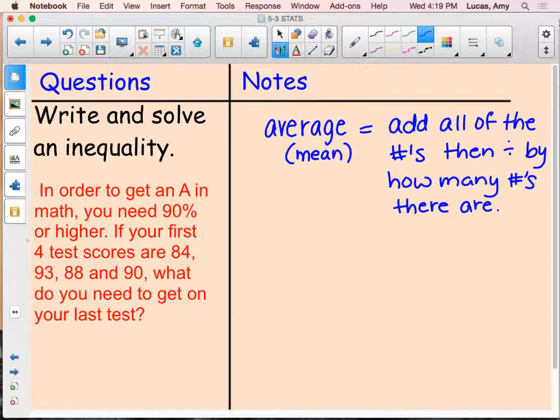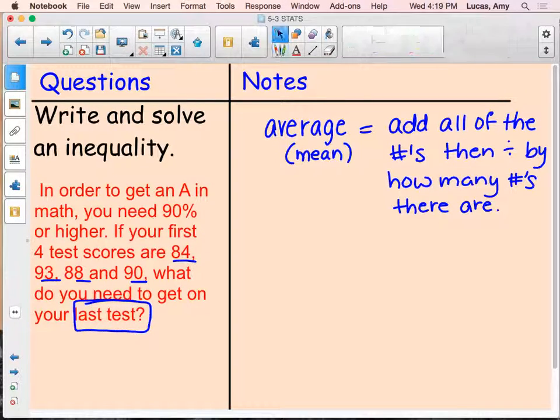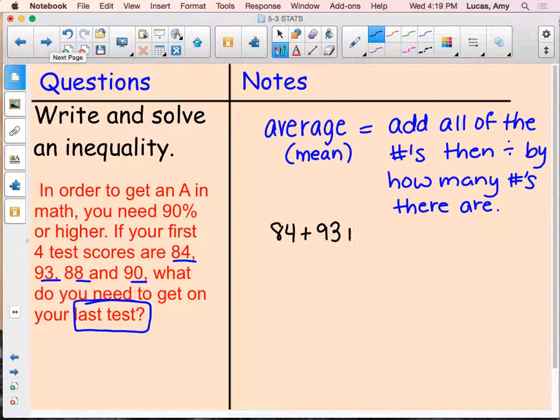Okay, so here's the thing. We've got 1, 2, 3, 4 tests, and then it says, what do you need to get on your last test? So when I set this problem up, I've got 84, 93, 88, 90, and the last test, which I don't know.